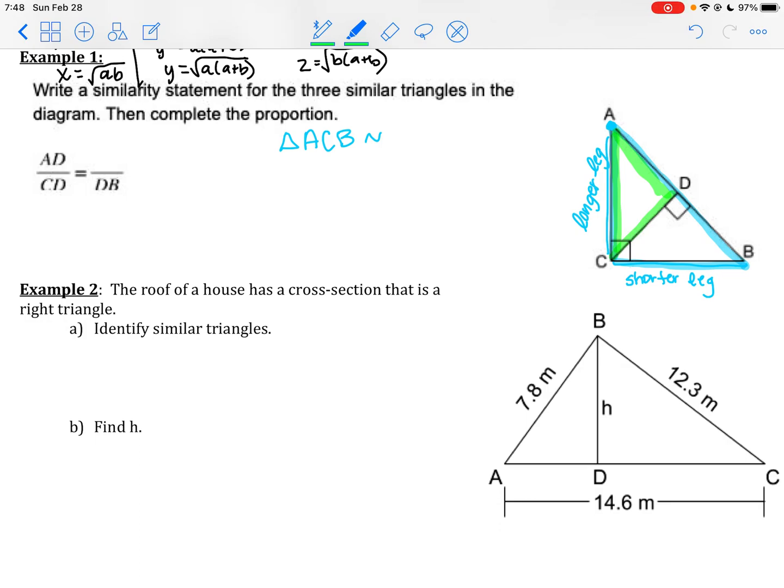So in this triangle, it looks like the longer leg is going to be AD. These are pretty close. It's a little bit harder to figure out what the closest part is. But if that is the longer leg and I want to go to the right angle, I'm going to say AD and then up to C.